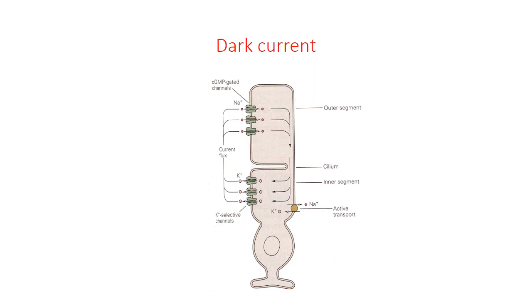Because there's this continuous influx of sodium and efflux of potassium, there is a large energy cost for these cells to keep this condition, and the energy cost is mainly because you have to give ATP to the sodium potassium ATPase to keep these steady state ionic conditions in these cells in the dark. This influx of sodium and efflux of potassium under dark conditions is called the dark current.